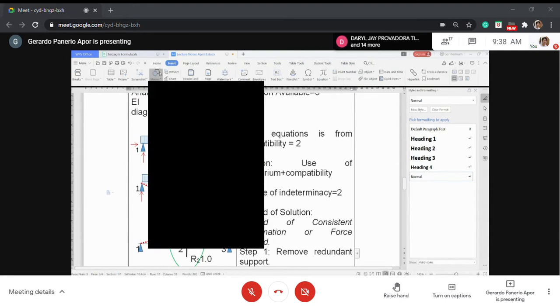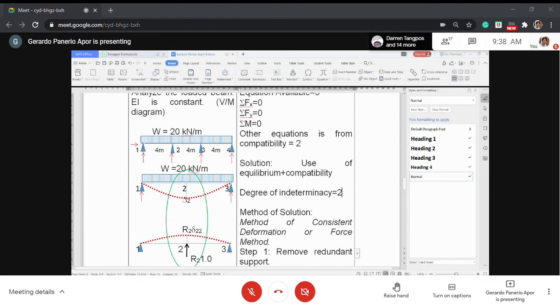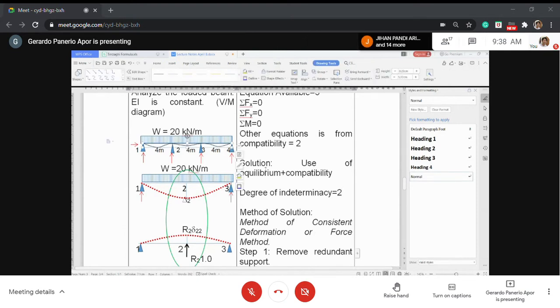I will draw the depicted structure because this will be our basis. The depicted structure will look like this.